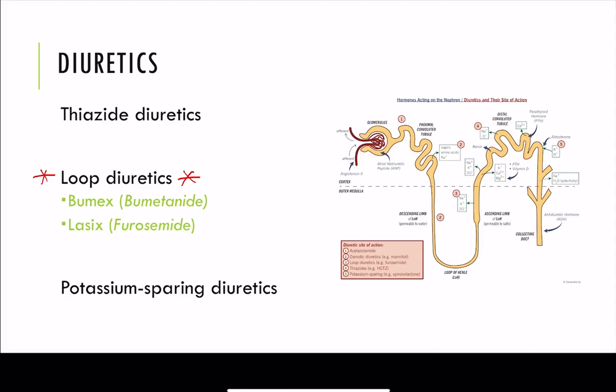That is because they act at the loop of Henle, which is the site of the countercurrent multiplier. I always mention that because it's one of my favorite things in physiology. I normally get dead stares from the PT students because I don't think you thought this was as cool.